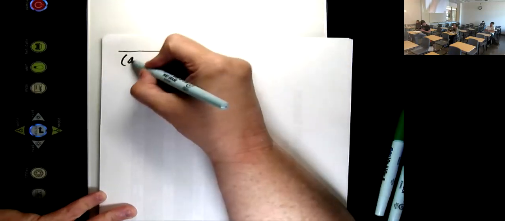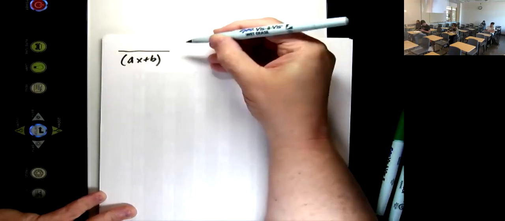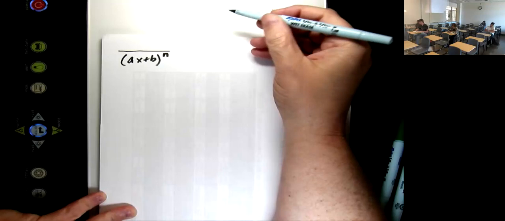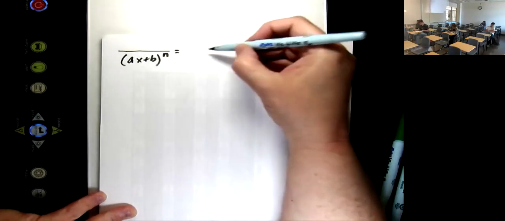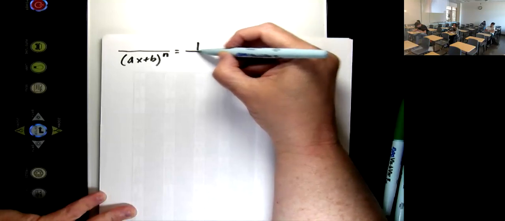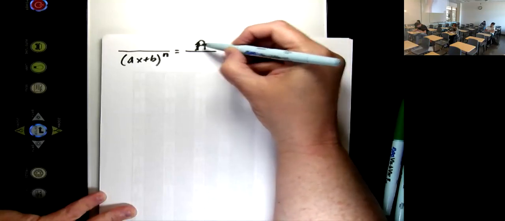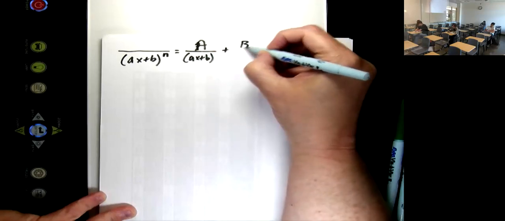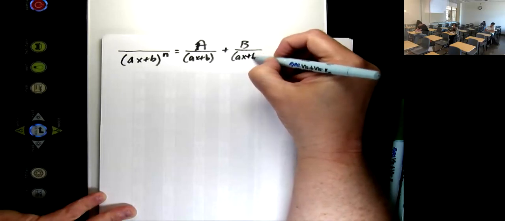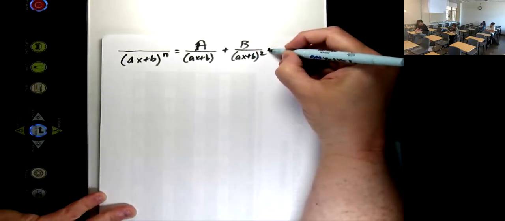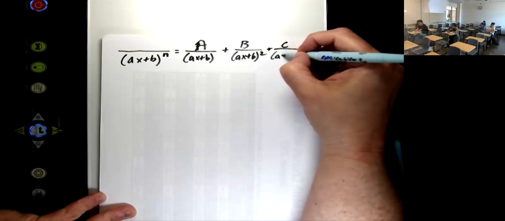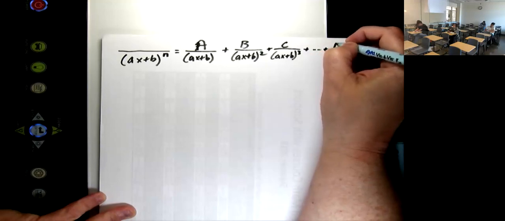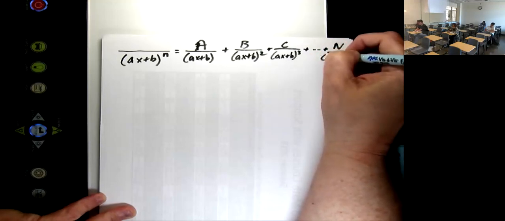If we have something like ax plus b on the bottom to the nth power, this is going to turn into a over ax plus b, plus b over (ax plus b) squared, plus c over (ax plus b) cubed, plus dot dot dot, up to n over (ax plus b) to the n.